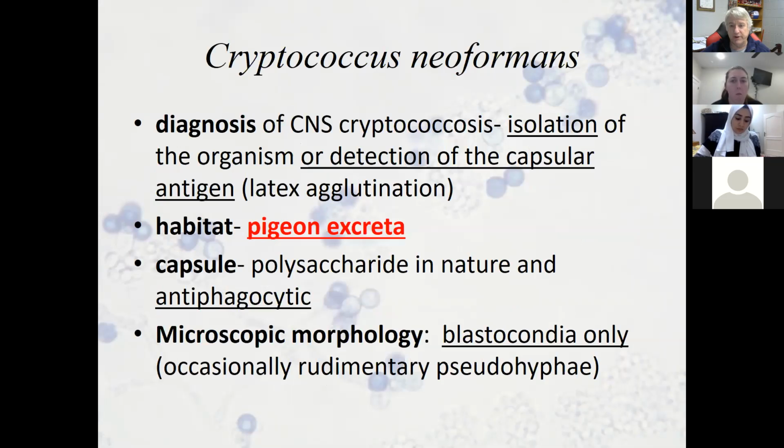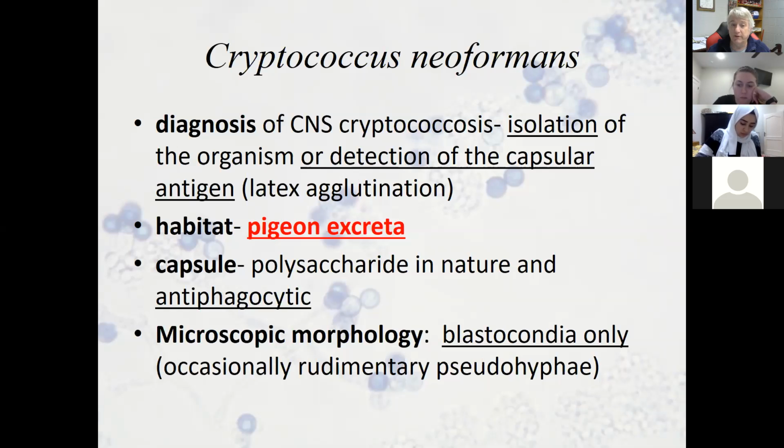Diagnosis is by isolation of the organism or detection of the capsular antigen, so we can do a latex agglutination for that off the cerebrospinal fluid. The habitat is pigeon poop. Pigeons, kind of like blackbirds, like to huddle in big groups. They like to find areas like under overpasses or around buildings, awnings, and then they poop everywhere.